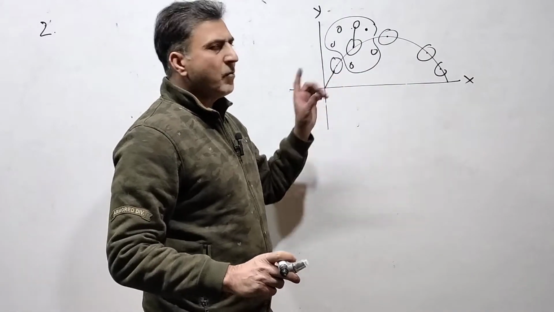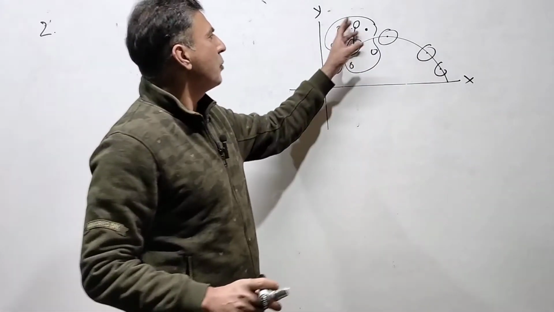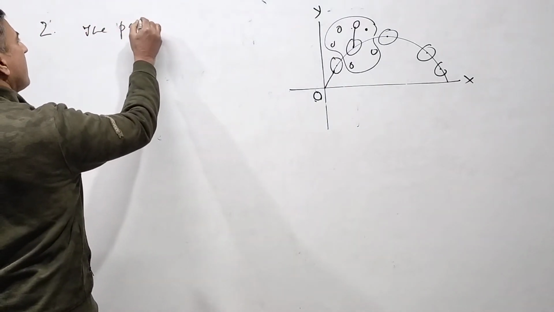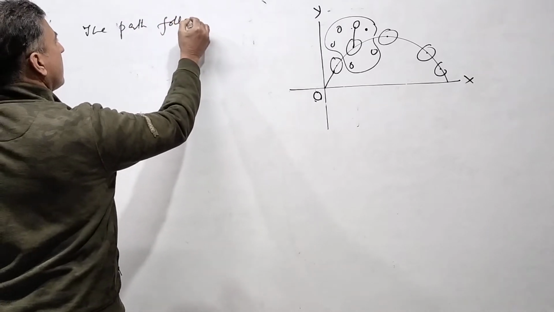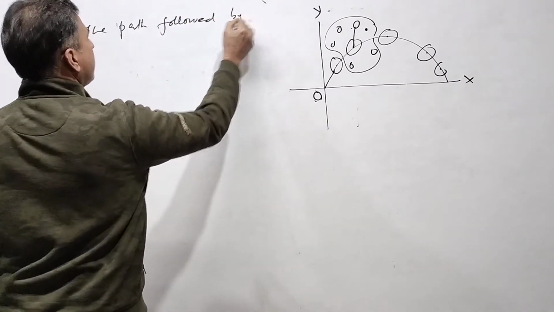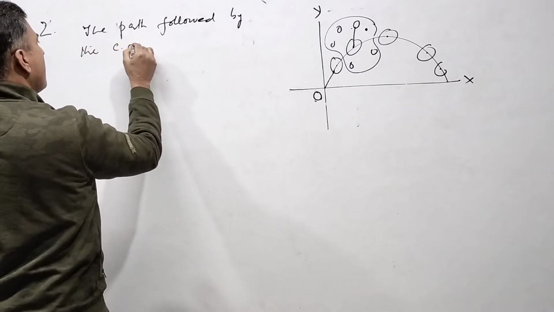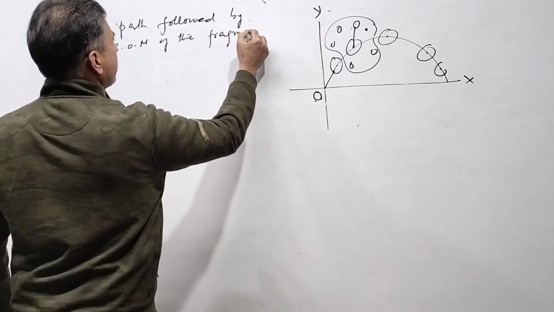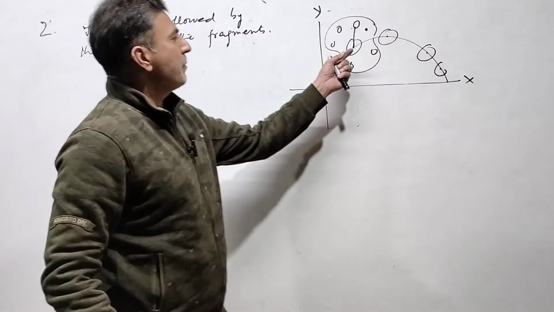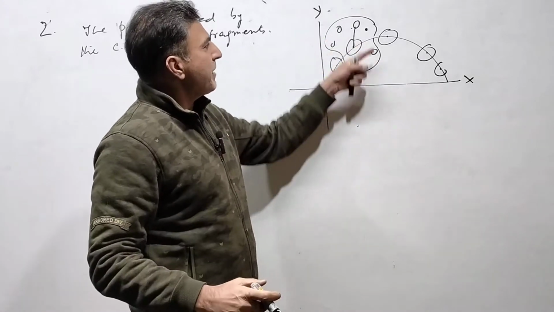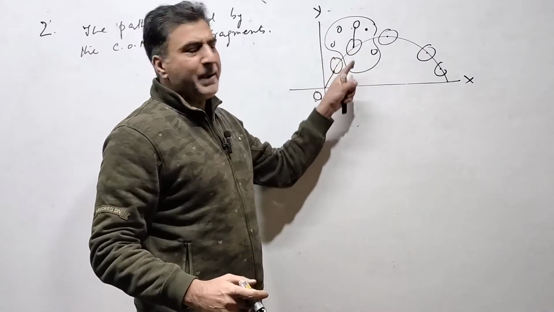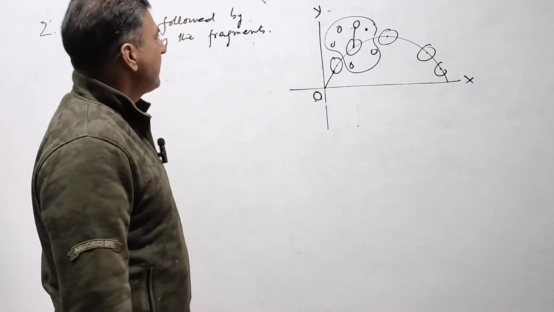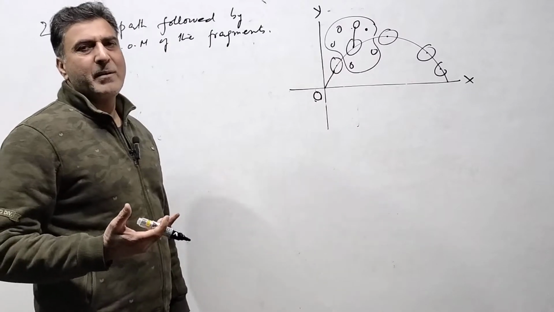My question is, what is the path followed by the center of mass of those fragments? The object explodes, bursts from inside, and becomes fragments, and we have to see what is the path of the center of mass of those fragments. That's our question. The answer is the same: a parabolic path.